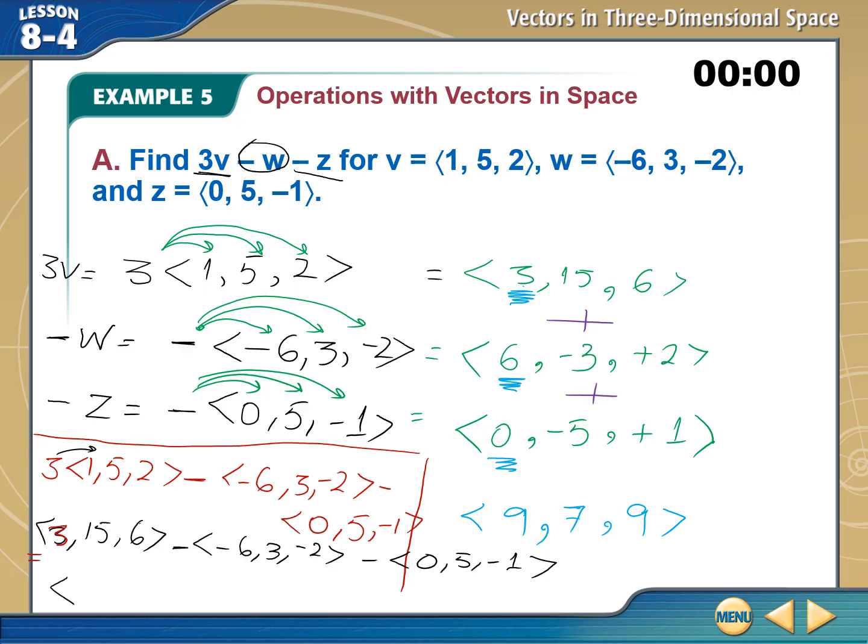So this is 3 minus negative 6 minus 0, which gives us 9, the same answer as before. Now for the y component, we write 15, then outside minus and inside 3, so minus 3. Then outside minus and inside 5, so minus 5. If you write this, you will get 7.